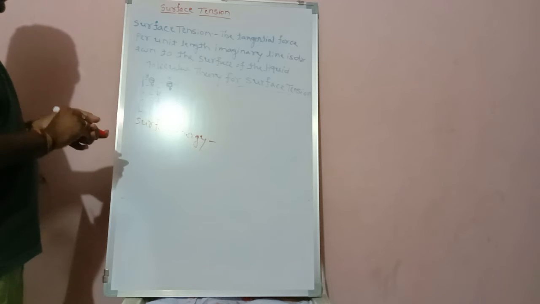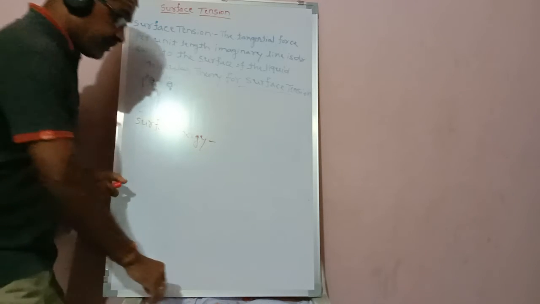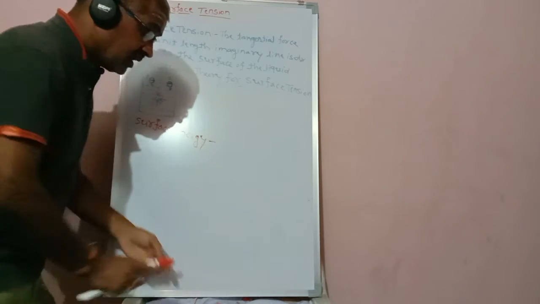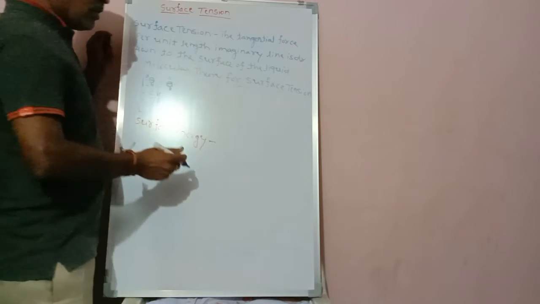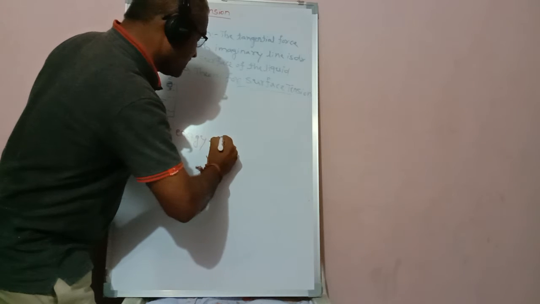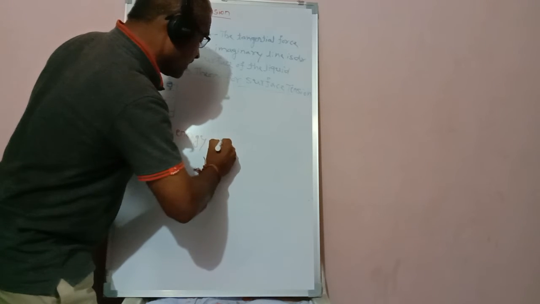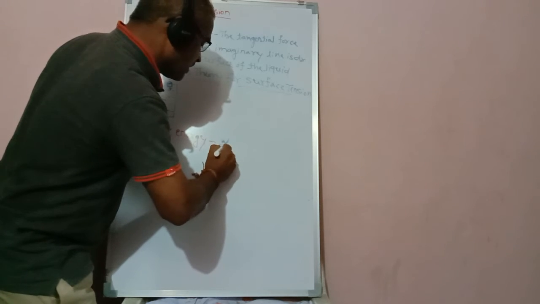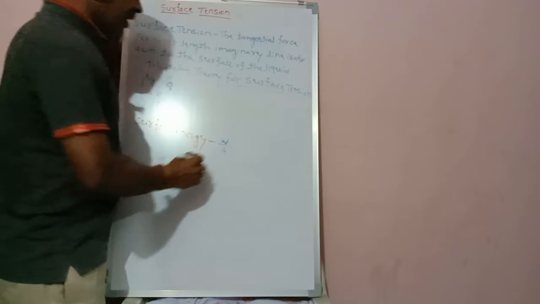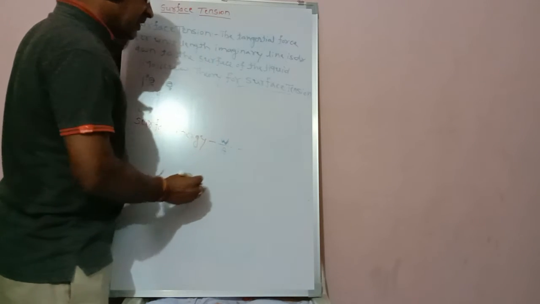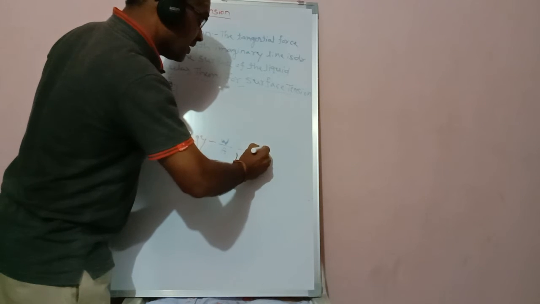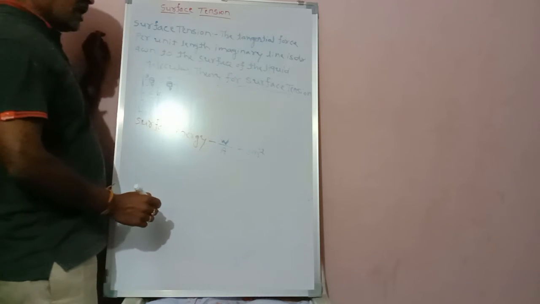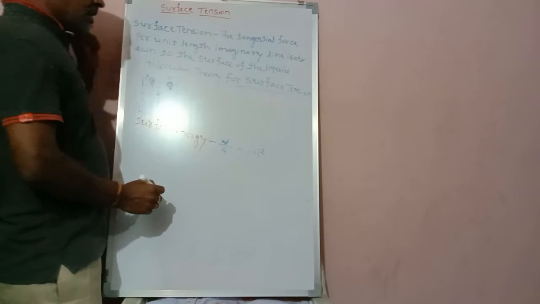The potential energy on the surface of the liquid per unit area. So that is equal to the work done by the surface liquid divided by unit area. Therefore, that unit is joule per meter square.